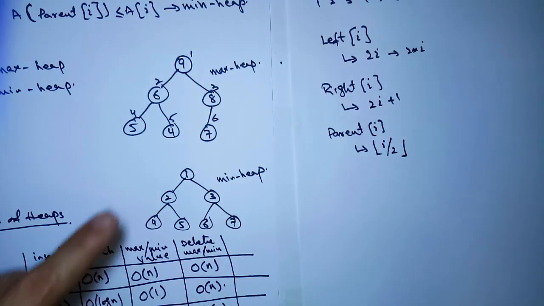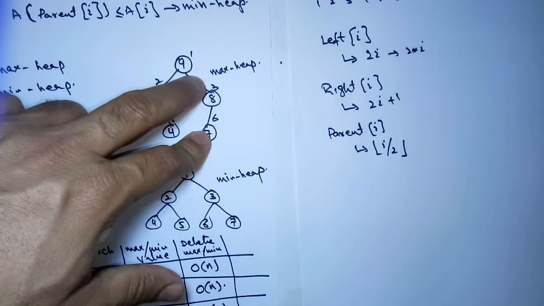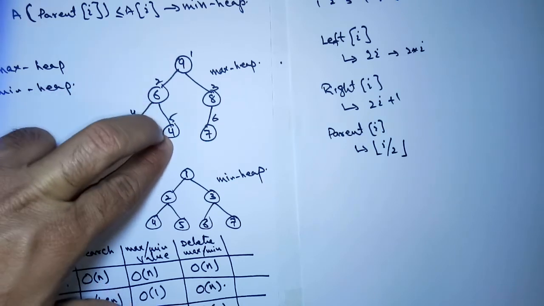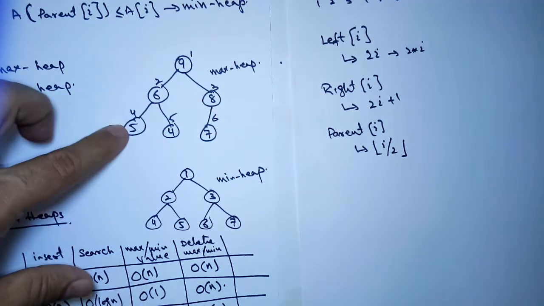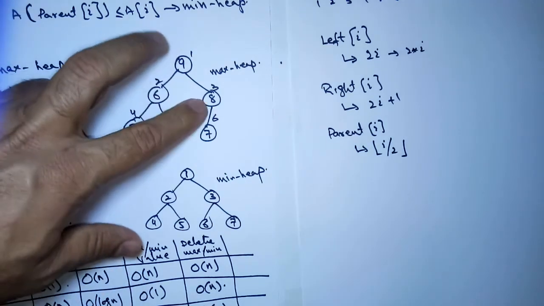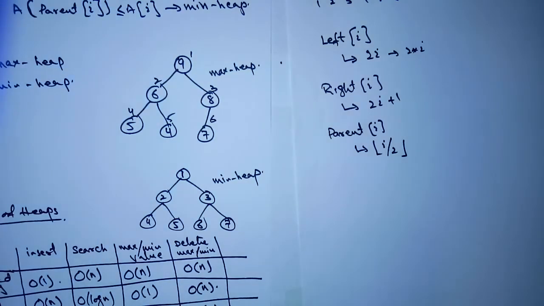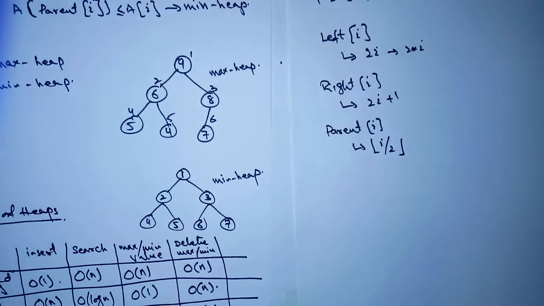For example, the parent of 6 is 6 by 2, that is 3. The parent of 5 is 5 divided by 2, that is 2.5, and if you take the floor, that is 2. Parent of 4 is 4 divided by 2, that is 2. Parent of 2 is 2 divided by 2, that is 1. Parent of 3 is 3 divided by 2, 1.5, floor 1.